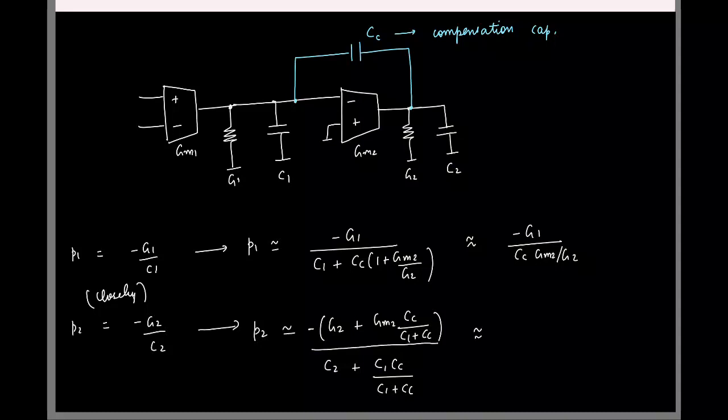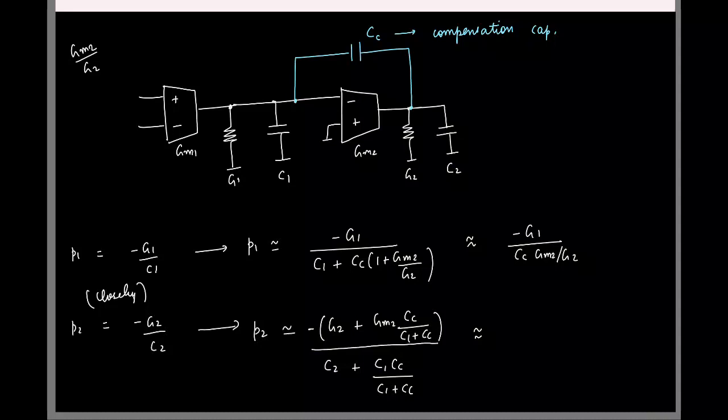Now the second pole, in the numerator, which term do you think will be dominant? The first term is G2, which is the output conductance. The second term is a fraction of Gm2. What can you say about the ratio of Gm2 by G2? Do you think it will be a large number or a small number?